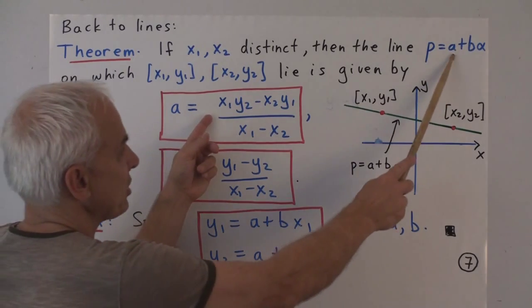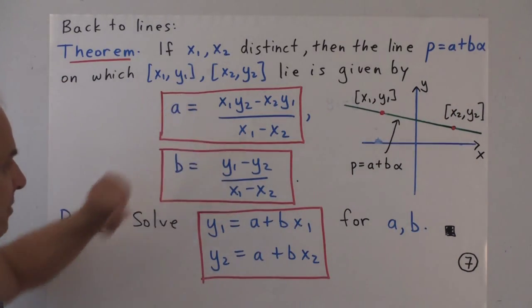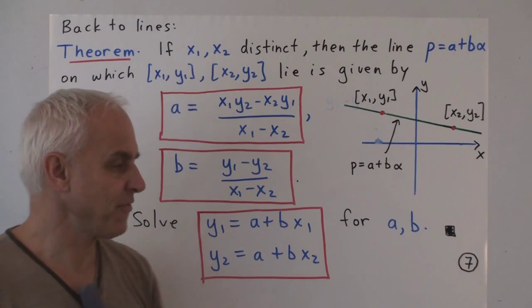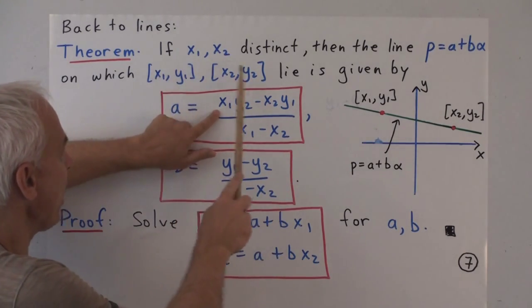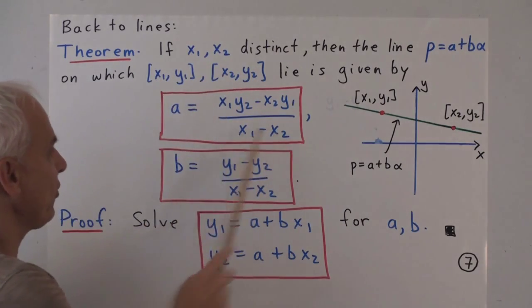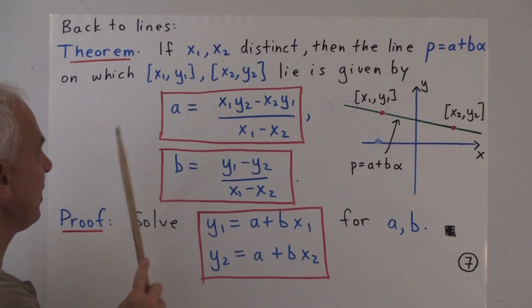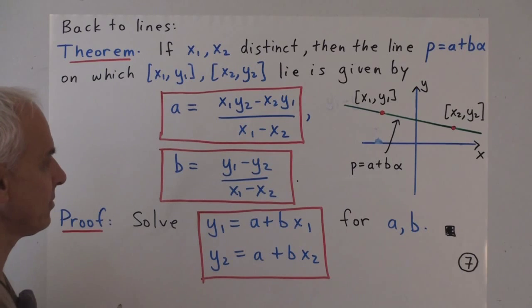So this is the expression for a and this is the expression for b. And they have very similar forms as the formula we were just using. The formula for a is (x1 y2 minus x2 y1) divided by (x1 minus x2). And b is (y1 minus y2) over (x1 minus x2).